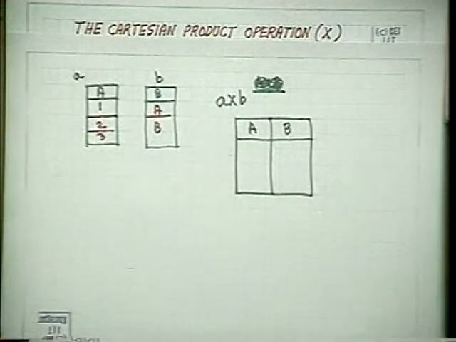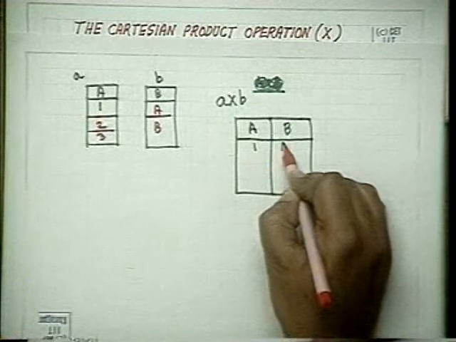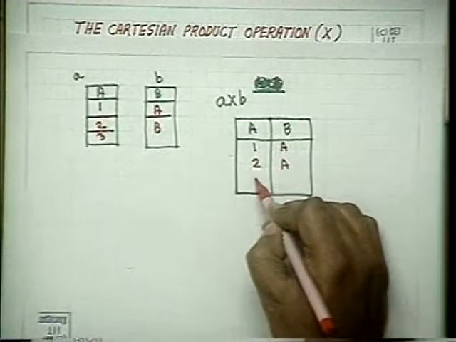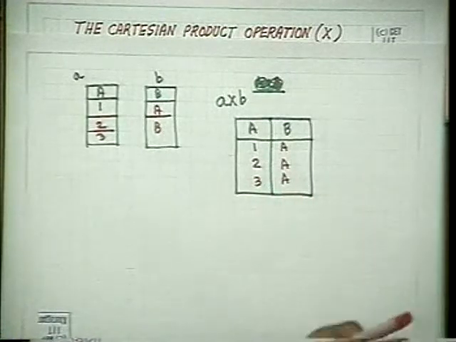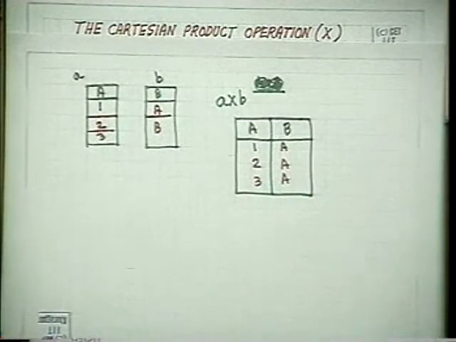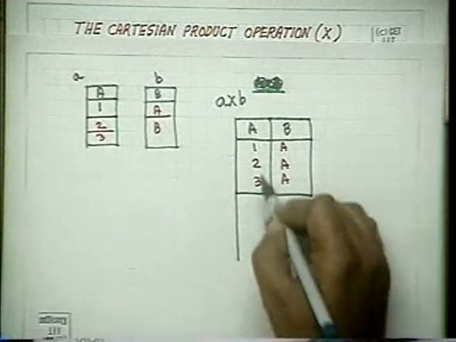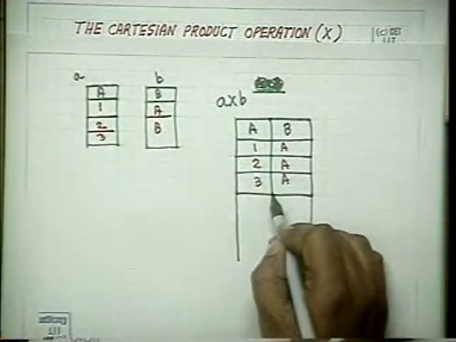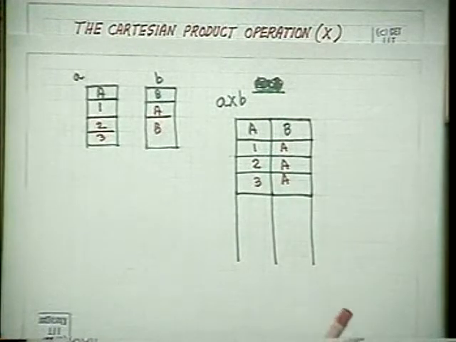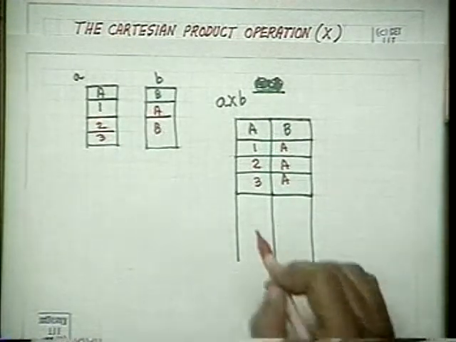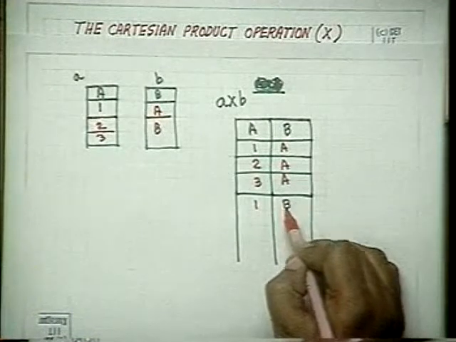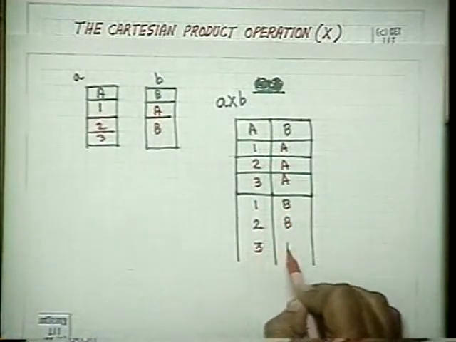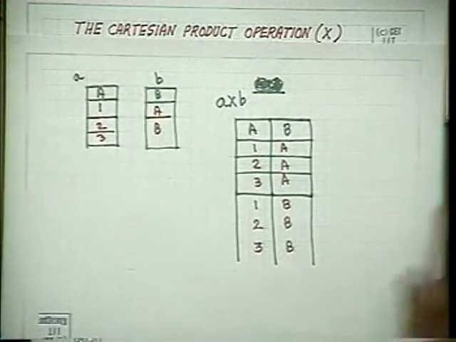And the combinations in this case will be 1a, 2a, 3a, 1b, 2b, 3b.